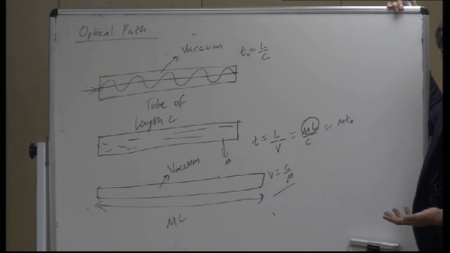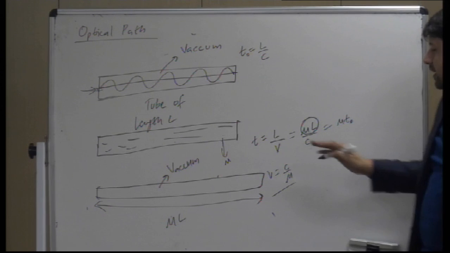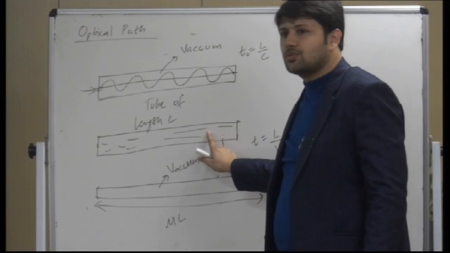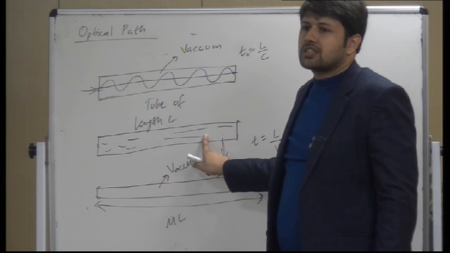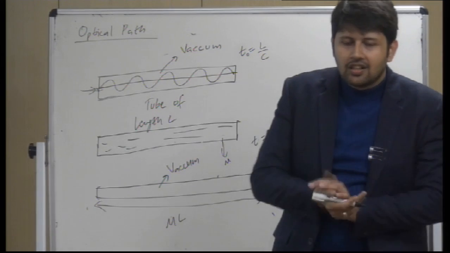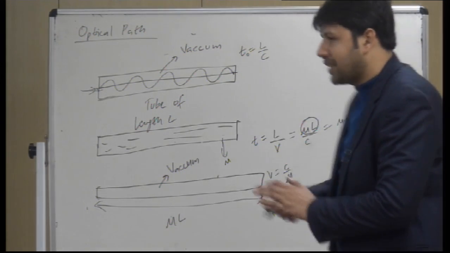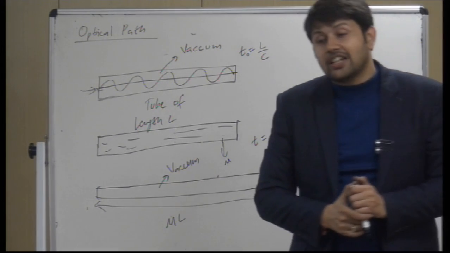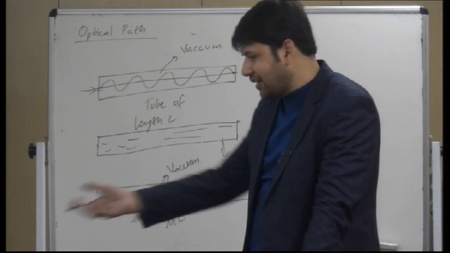Is this making sense? For light, even though for us the two lengths are equal, for light this distance is more. Why? Because its speed is reduced. Just imagine that you can run like PT Usha on roads. But obviously you cannot run like PT Usha in fields where you have vegetation.